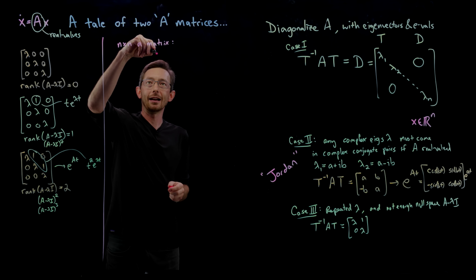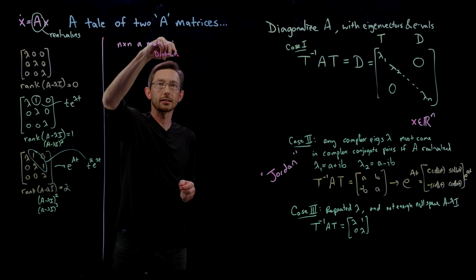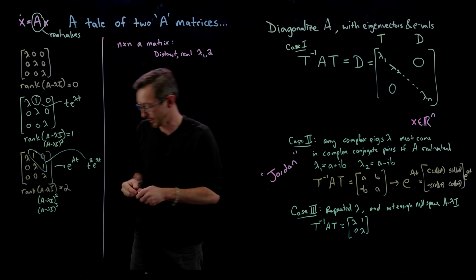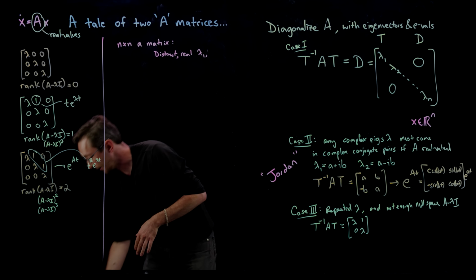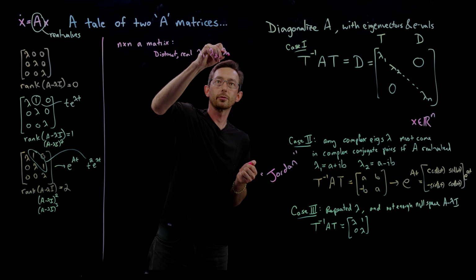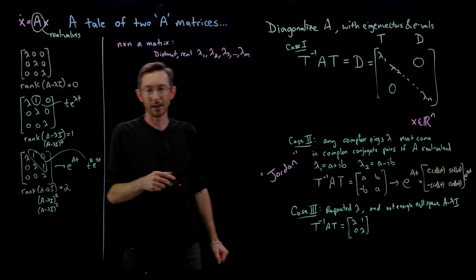So let's say that I have distinct real lambda 1, lambda 2, lambda 3, to lambda m. Okay, I've got m distinct eigenvalues.